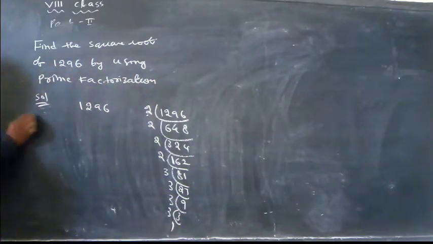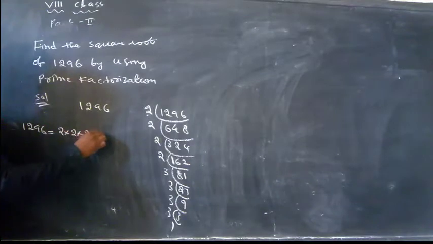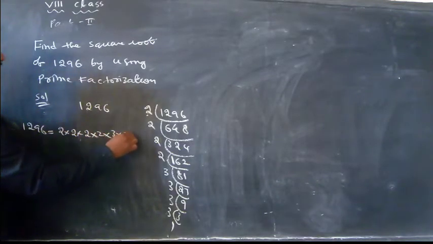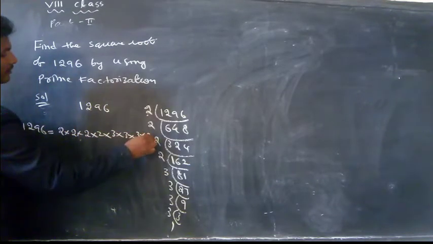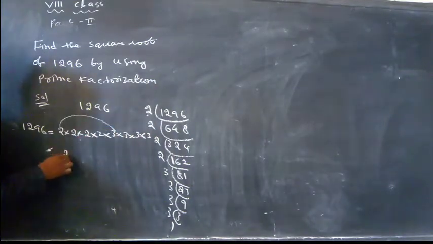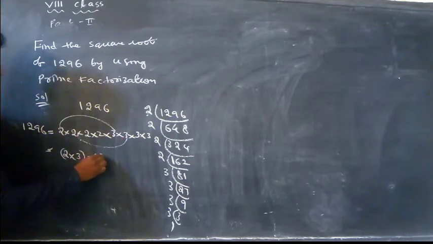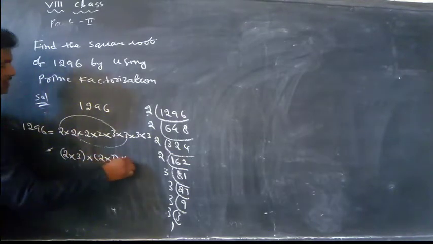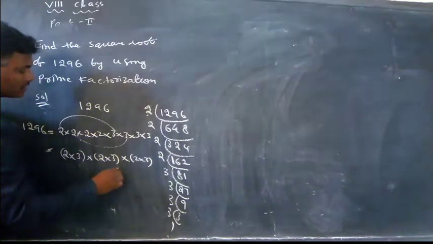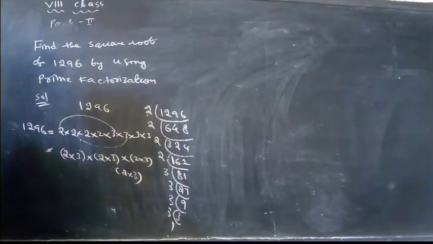So 1296 we can write as 2 into 2 into 2 into 2 into 3 into 3 into 3 into 3. Make them into pairs. What is the pair here? This 2 into 3 is one pair. Next 2 into 3, next 2 into 3, next 2 into 3. So here there are a total of 4 pairs.